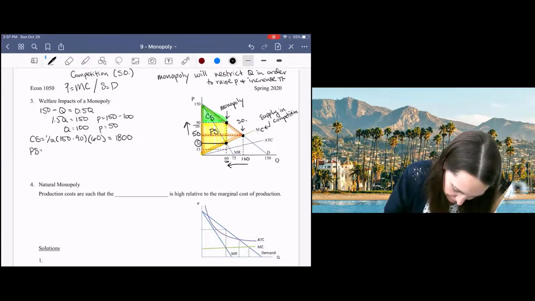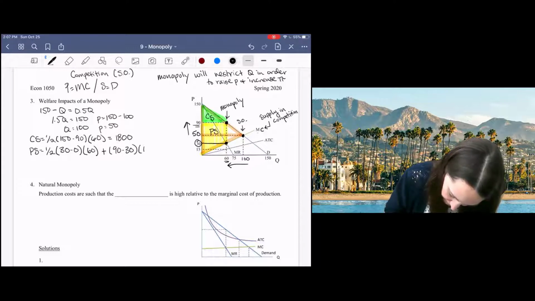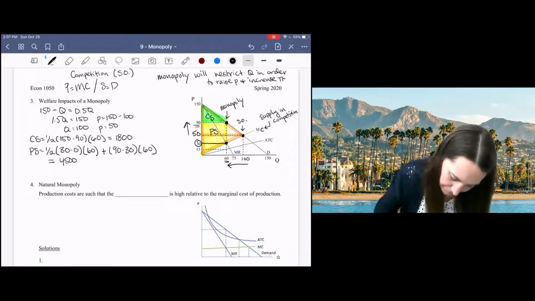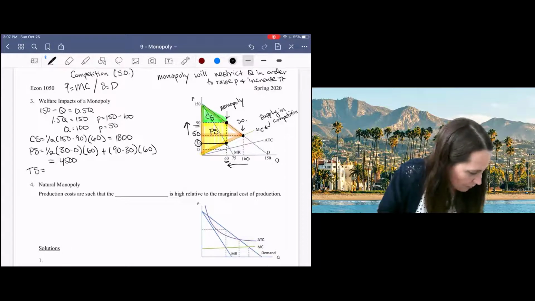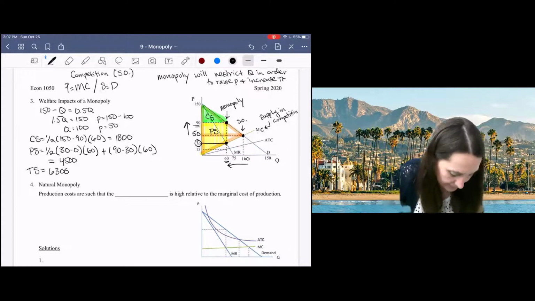So our producer surplus is the area of the triangle plus the area of the rectangle. And that gives me 4,500. With total surplus for the monopoly being, was that 6,300?